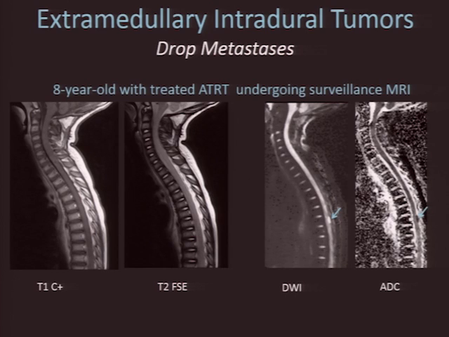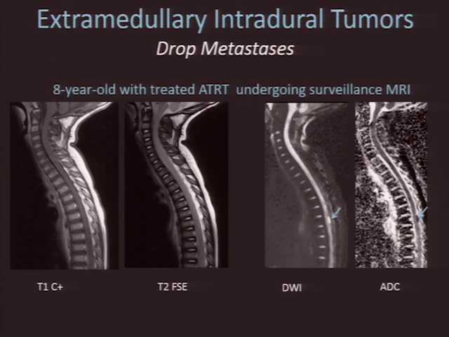When we ran the diffusion imaging, there was this little nodule of diffusion restriction, and we're like, could that be a cellular drop metastasis? Because the tumor in the posterior fossa originally was highly restricted diffusion.